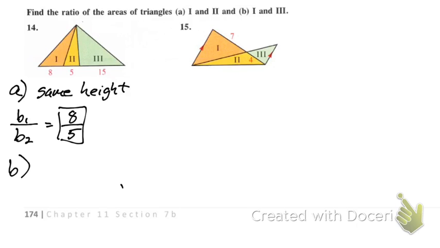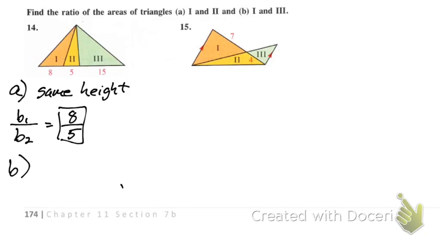B, we are doing 1 to 3. Same height, same base, or similar? Sabrina, do you have an idea on this one? Region 1 and 3: same height, same base, or are they similar? I think they're definitely not the same base.